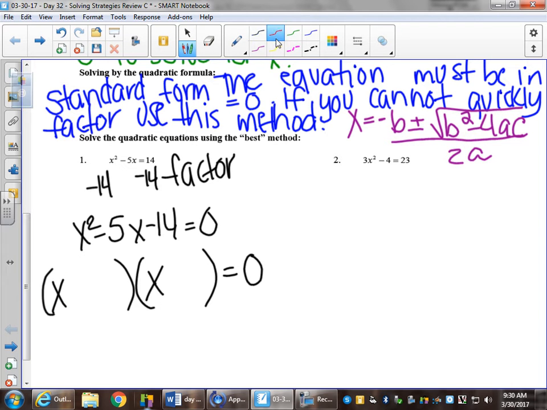What am I going to list the factors of? 14, which is our C term. What are the factors of 14? Which factor pair do you want to choose? They have to add to a negative 5. So do you want to choose 1 and 14 or 2 and 7? 2 and 7.